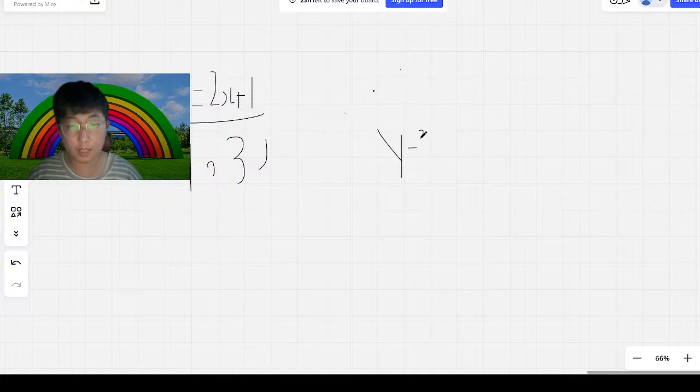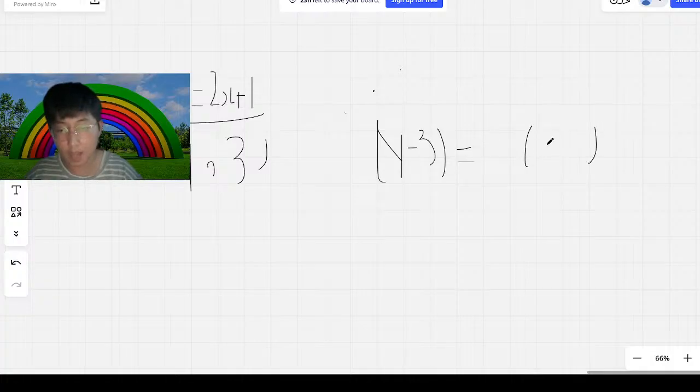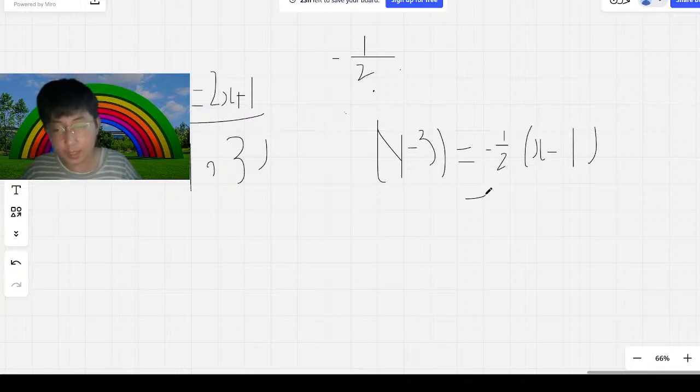The perpendicular bisector: y minus 3 is equal to m, the gradient, which we don't know yet, times x minus 1, right? Which is the point-gradient form. And then the gradient of the perpendicular bisector, as we learned, is -1 over the gradient, which is 2. So it's just -1 over 2. We can simplify this if we want to, by expanding it like this.